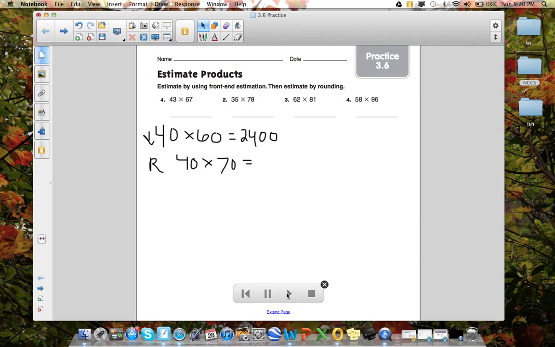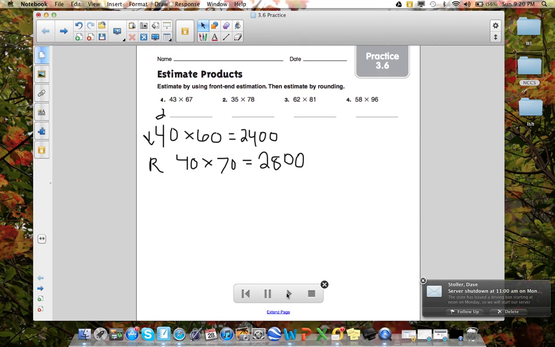So 40 times 70, use what you know about 4 times 7, which would give you 2,800. So you know that your product to 43 times 67 would be somewhere in between those two answers. So we'll put both of those on that line right there.